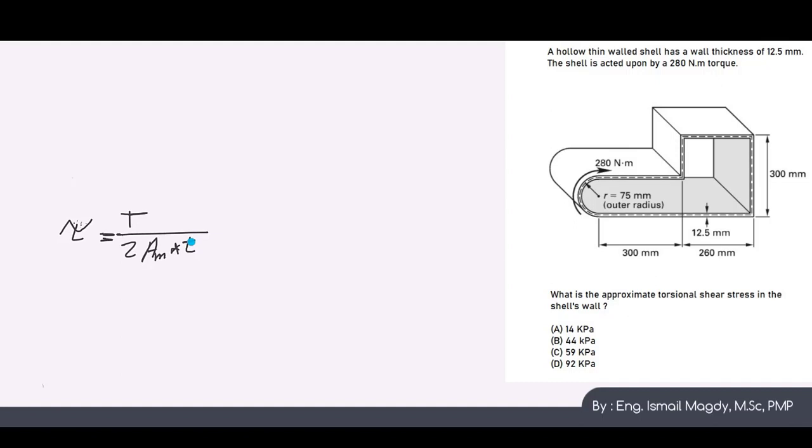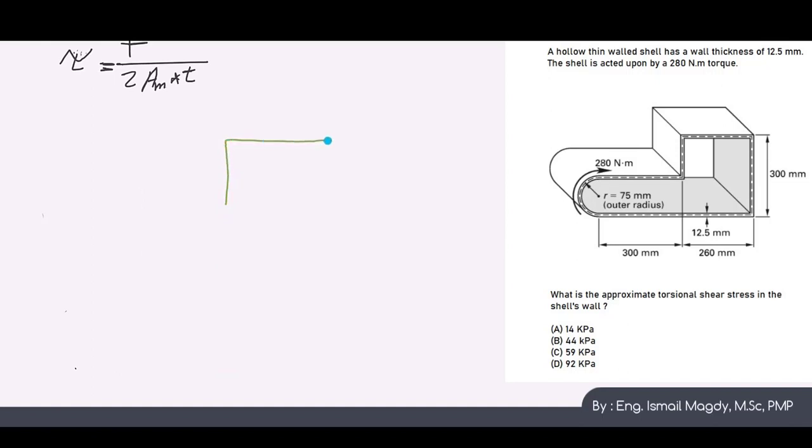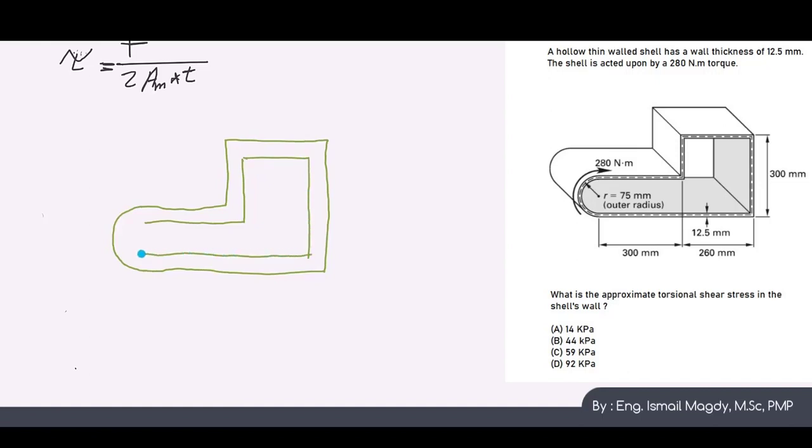So let's start first by drawing our section here. Let's show the wall thickness, because now we want to calculate A_m, which is the area median, and I want to show you how to calculate it.